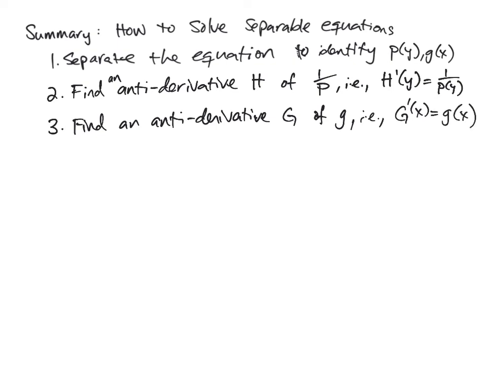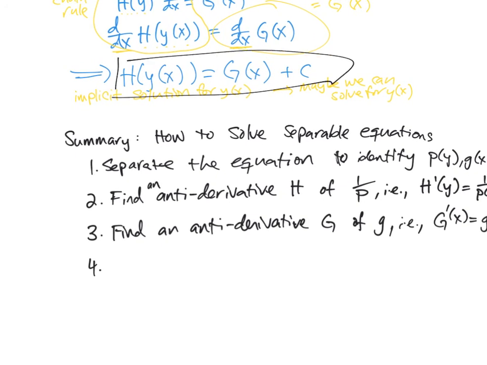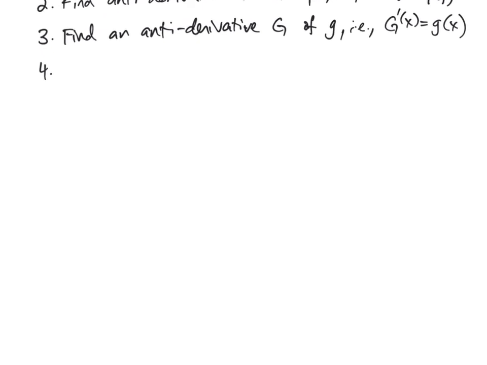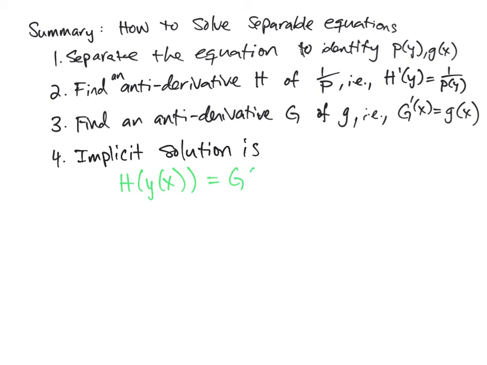And then we plug into the solution that we got before. So there was our solution. So then the implicit solution is h of y of x, since we found big H, equals big G of x plus a constant.